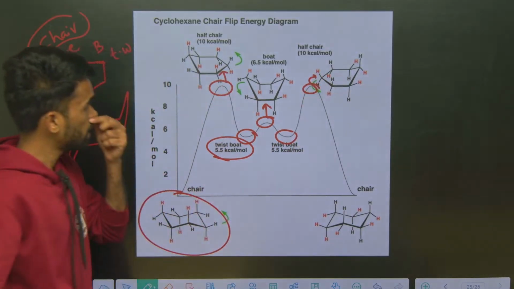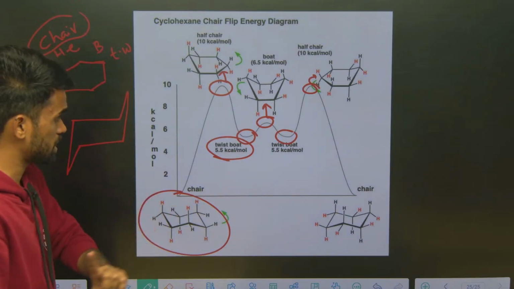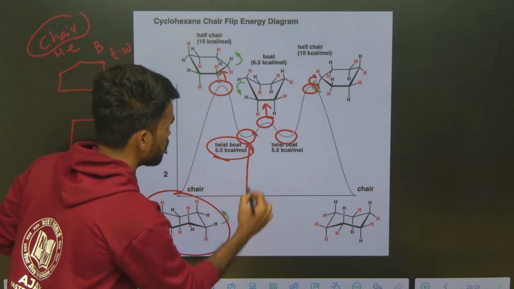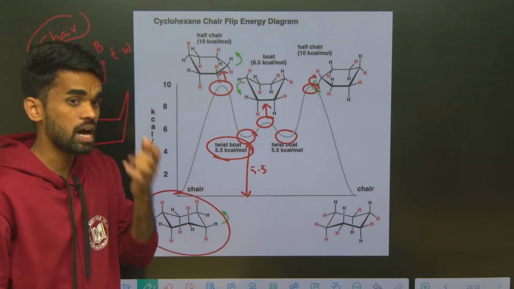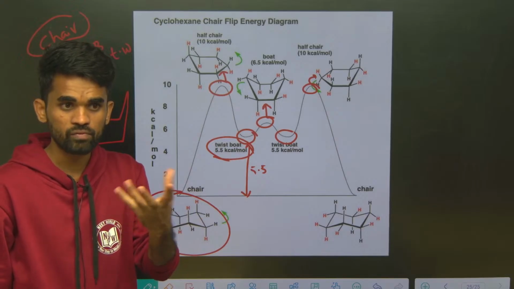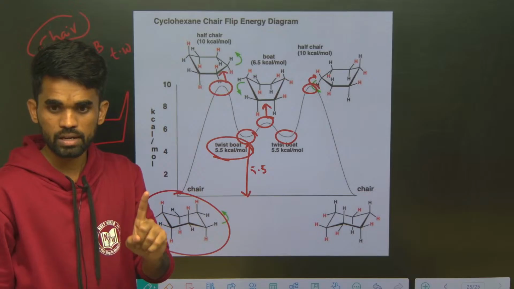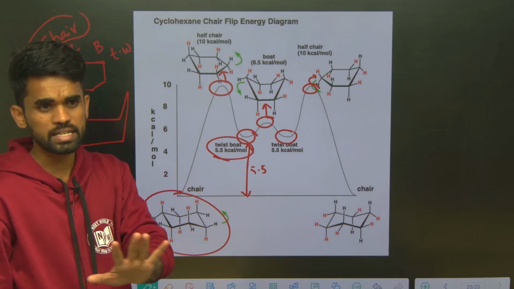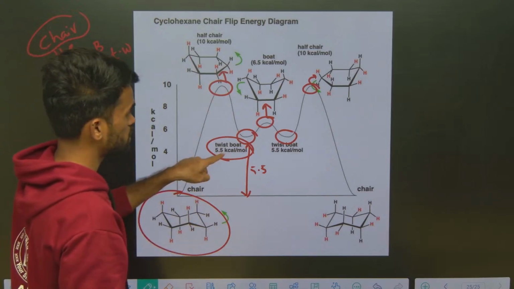Now look at their energies also. If the chair conformation is considered as 0 energy level, with respect to this, the twist boat has 5.5 kilocalorie more. If they ask in joules, I gave you one relation yesterday, 1 calorie is 4.2 joules. It is actually 4.182, just take it as 4.2 for calculation purposes. Okay, twist boat is done.